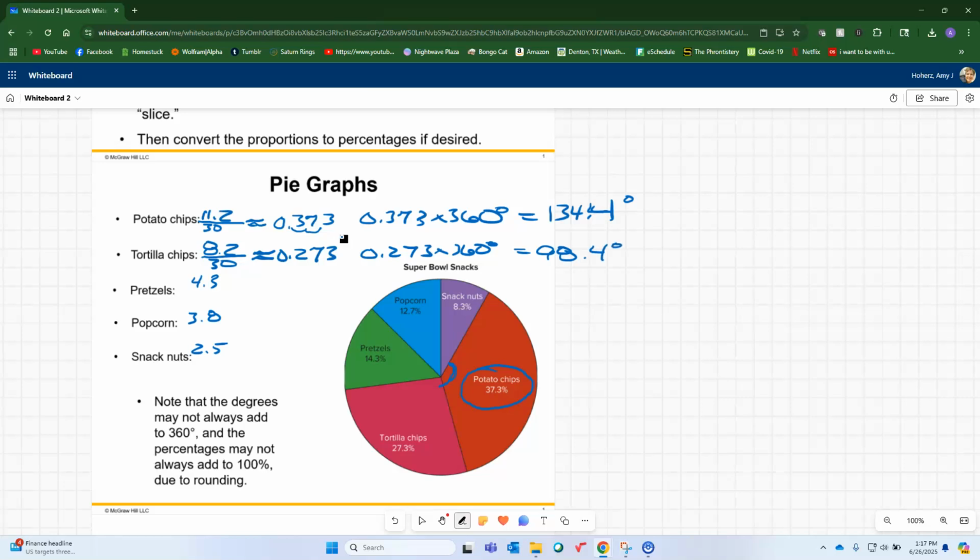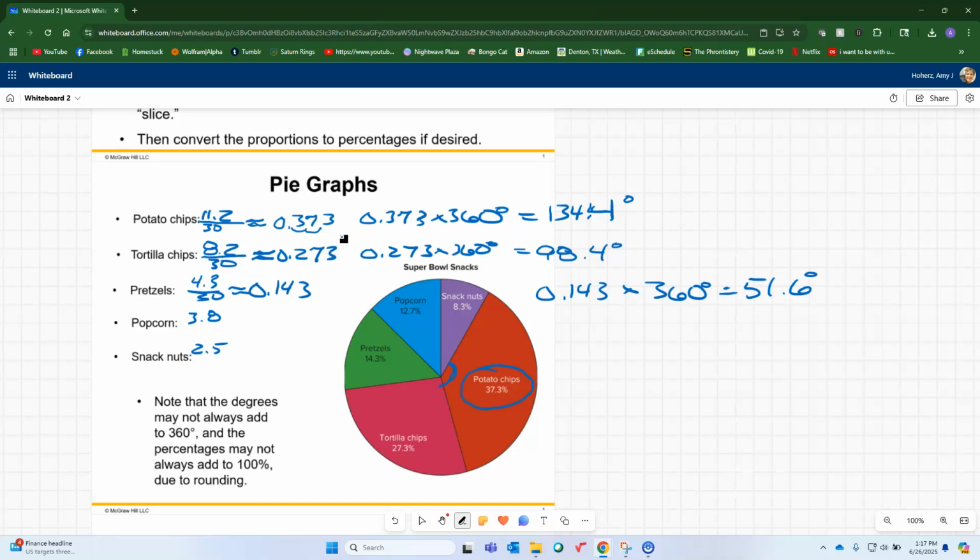The next one, 4.3 out of 30, is approximately, I could look on the pie graph because they already have it shown, 14.3%, so 0.143. And then if I take 0.143 times 360 degrees, that gets me 51.6 degrees.